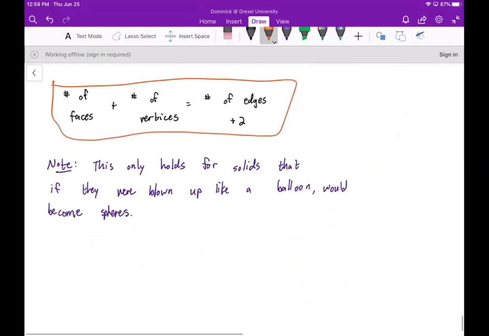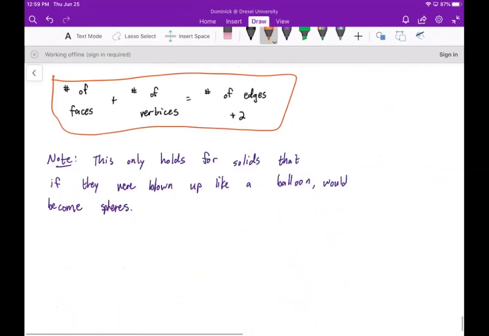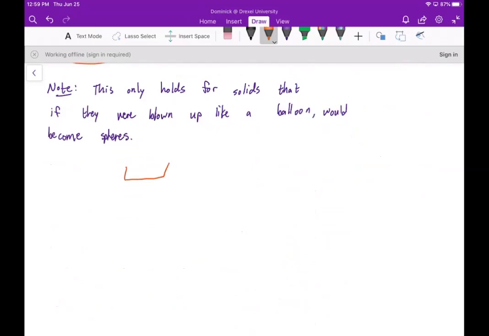Now, one thing to keep in mind is that this will only hold for solids that, if they were blown up like a balloon, would become spheres. So in other words, there's no hole in the middle. So if you were to have something like this, maybe something like this, and then maybe that back edge is connected to something like that, and where this is hollow in the middle, this would not work anymore, right?